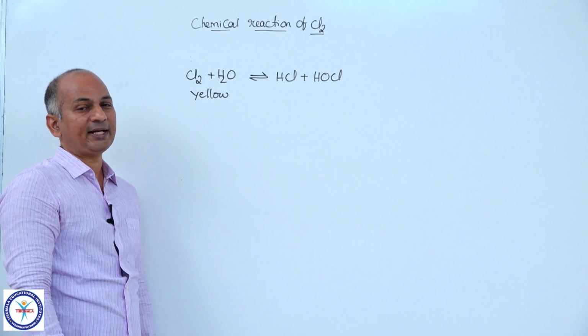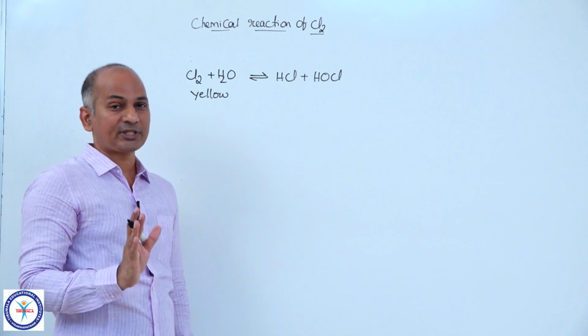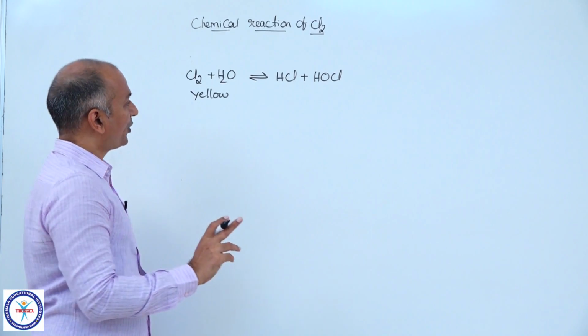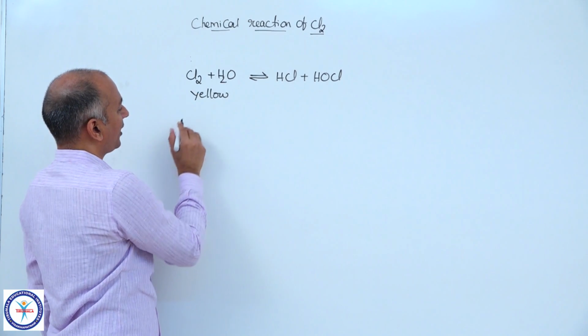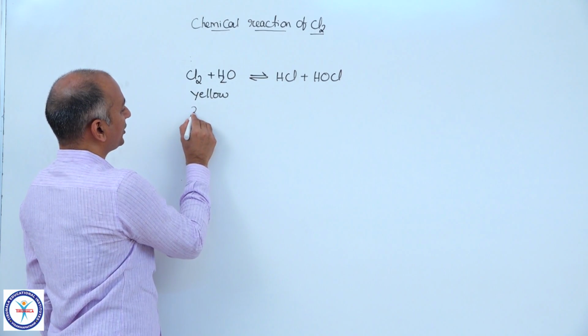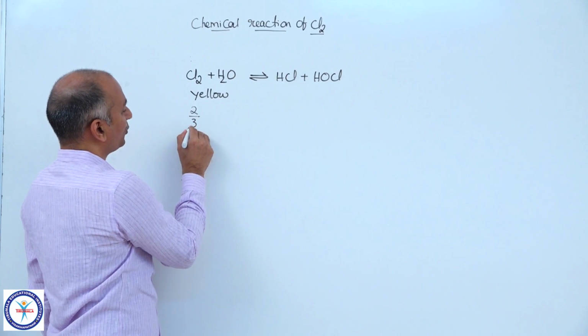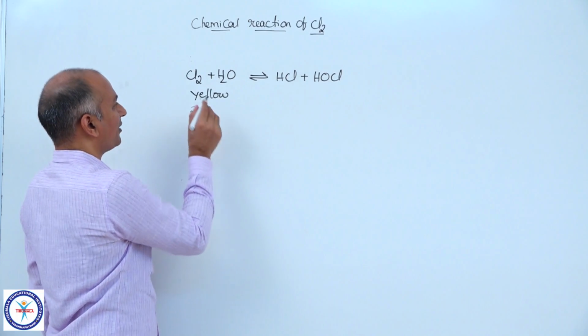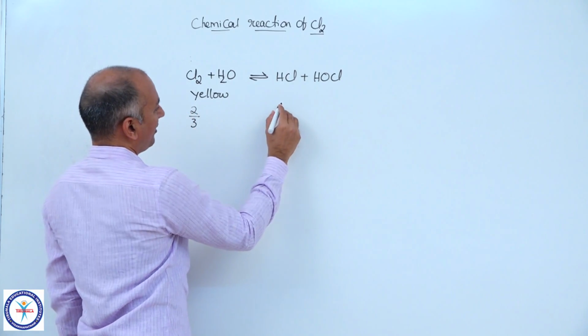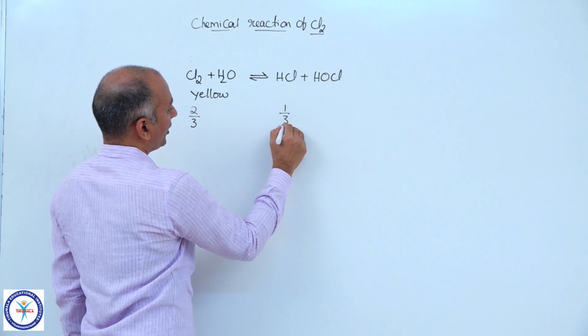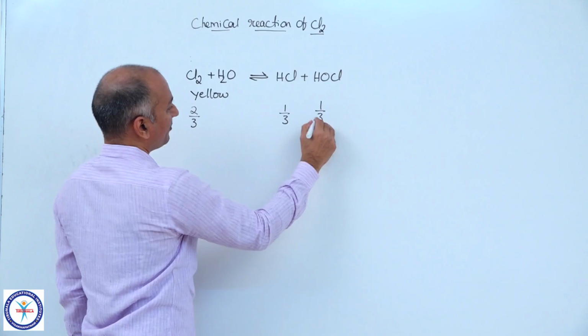But of course, not completely, only partially, to some extent. Approximately, if you take 1 mole of Cl2, 2/3 of the initial moles are left unreacted, and 1/3 mole of HCl and HOCl is formed.